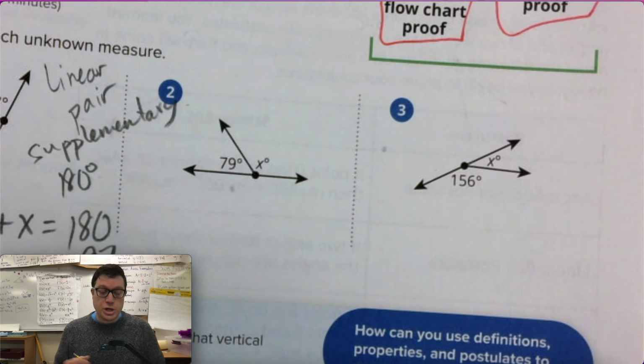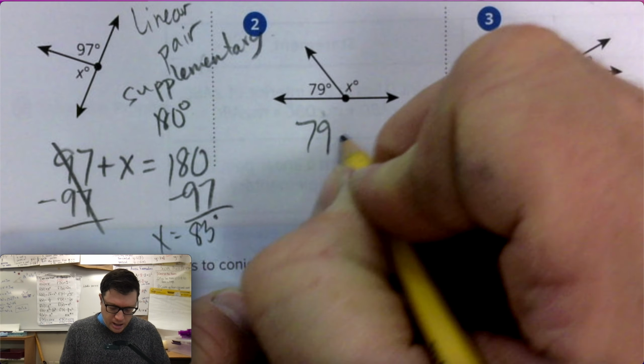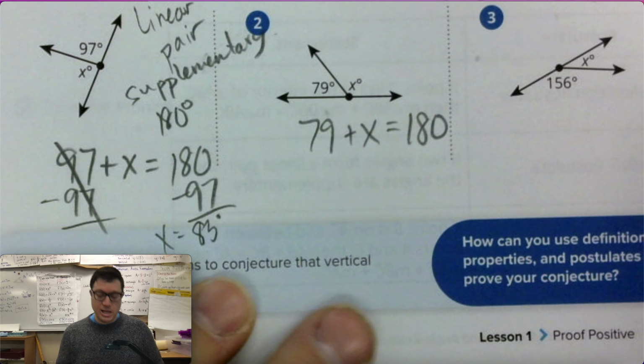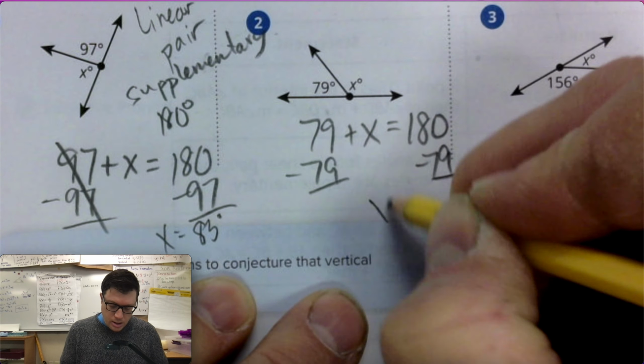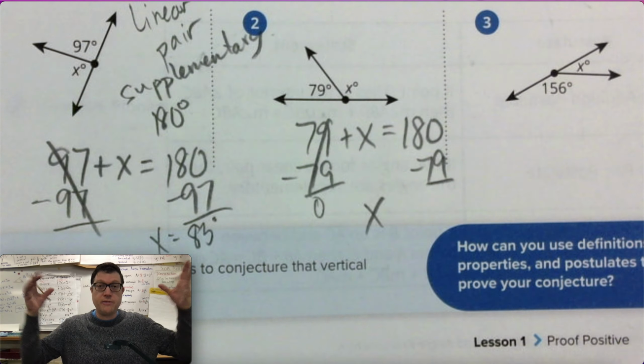Okay, so write an equation. Really, to do this math, you write an equation. 79 plus x equals 180. Subtract 79 from both sides. The 79s will cancel. They'll become a 0, which means they've vanished.